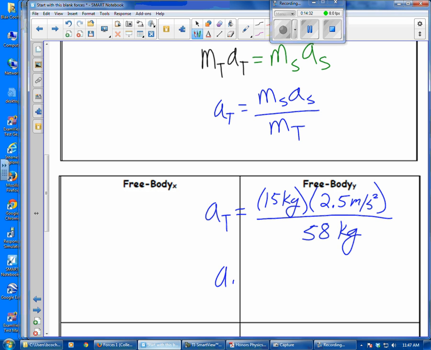And now I can do my numerical calculation. I read it from my problem where it said the sister accelerates at, I think it's the wording they use, right above where you put in the answer.